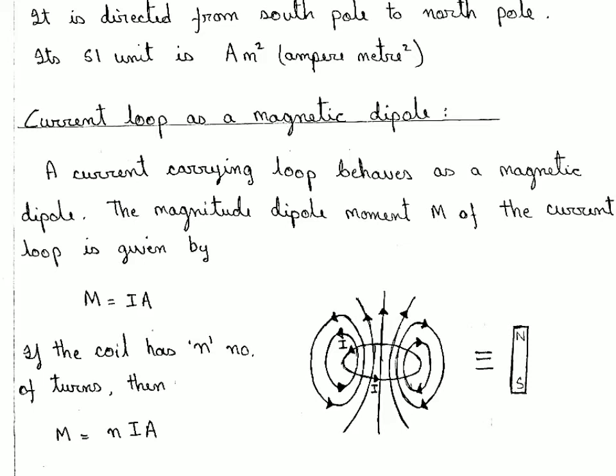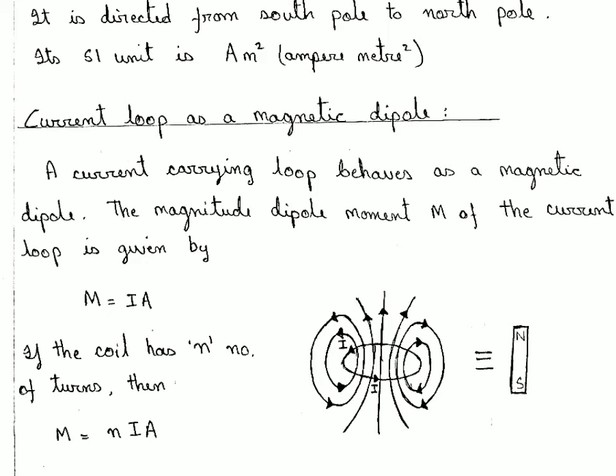So, in the last chapter, we studied Biot-Savart's law, and we found the expression for the magnetic field due to a current loop. So we know that a current loop will produce a magnetic field around it. Hence, this current carrying loop behaves as a magnetic dipole.